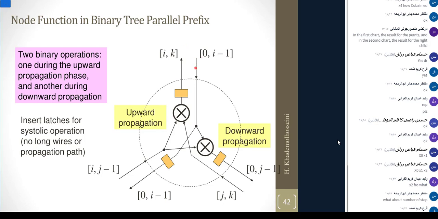How about in downward? In downward, as I said, the thing which is received from up to this node is moved to left. From up to left. And the previous left, and what is received from up, are combined to each other and then go to right. It is a symbol for these operations: upward propagation and downward propagation.